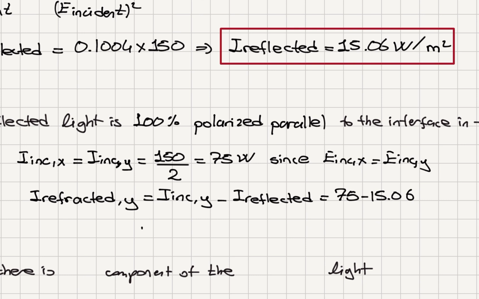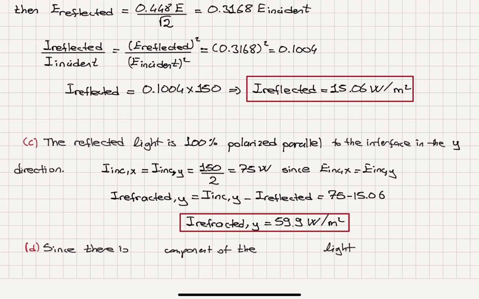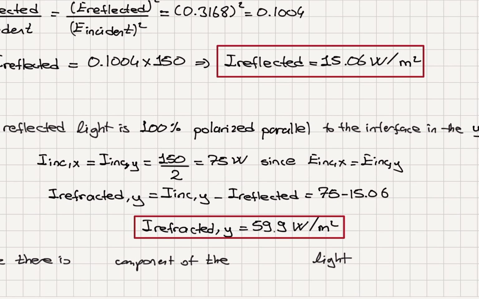So we find the refracted beam y component intensity to be 59.9 watts per meter squared. Here we have the conservation of energy basically. The incident beam Y component intensity is 75 watts. Refracted beam Y component intensity is incident beam Y component intensity minus reflected, because reflected is 100% polarized along the Y axis.